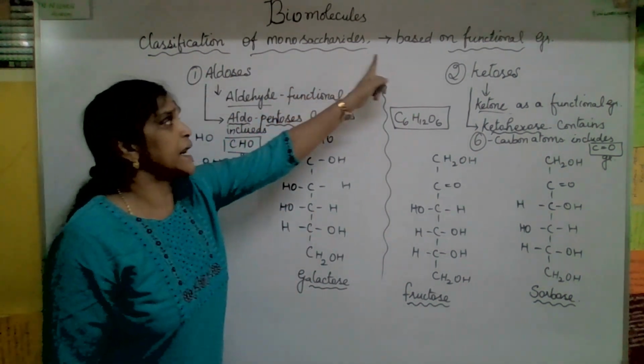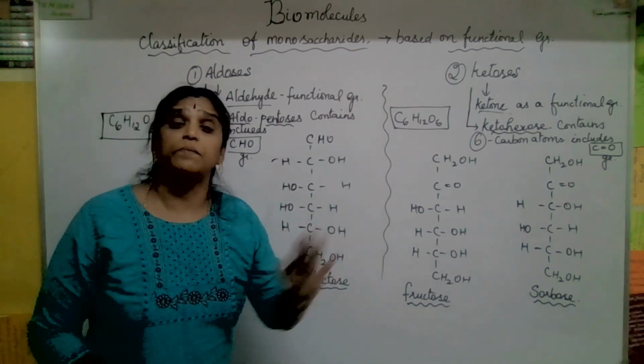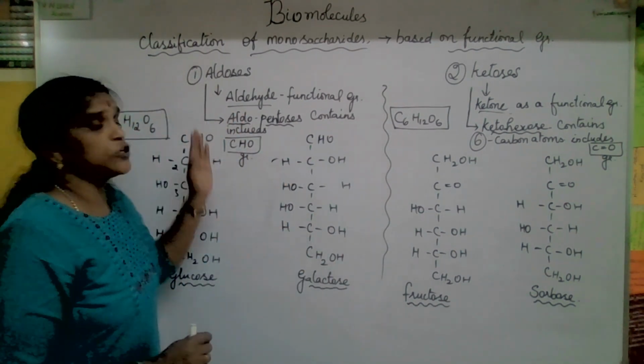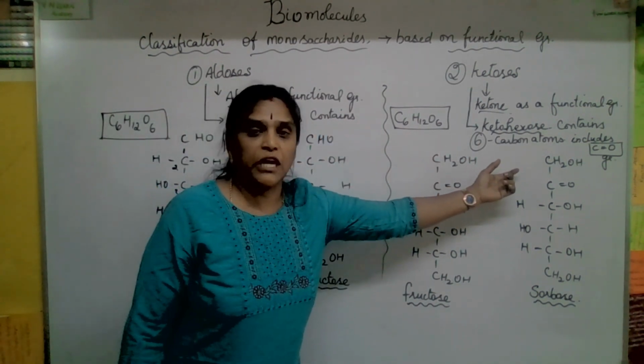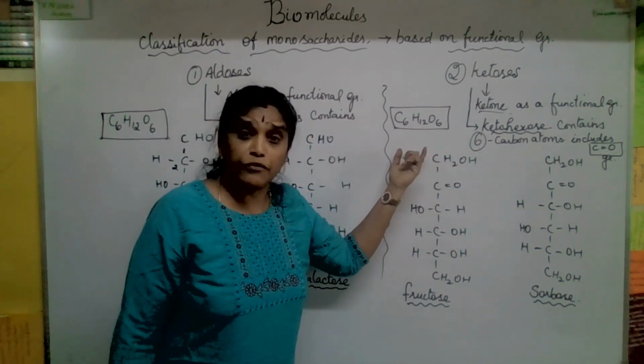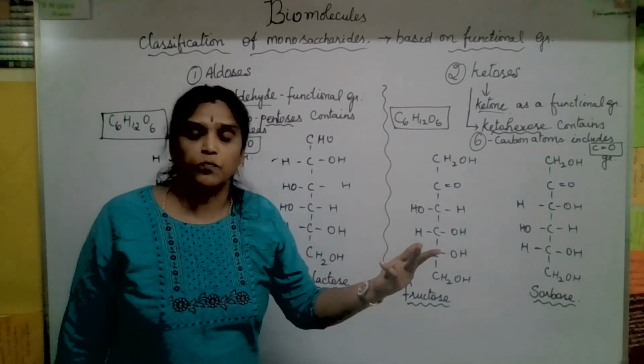Classification of monosaccharides is based on the functional group. Glucose has an aldehyde functional group, fructose has a ketone functional group. The formula is the same, C6H12O6, but the functional group varies.